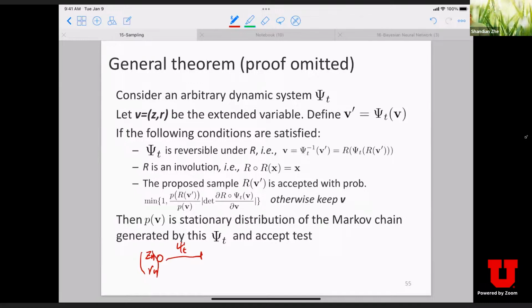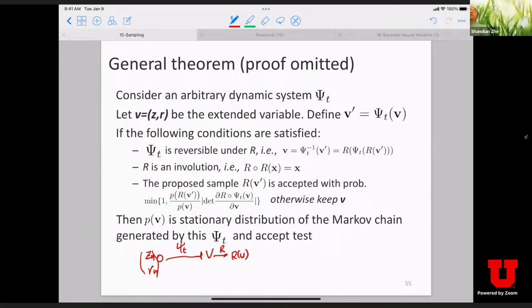Then you get a state V, and you put some operation over V, which we call R, to get your sample proposal.